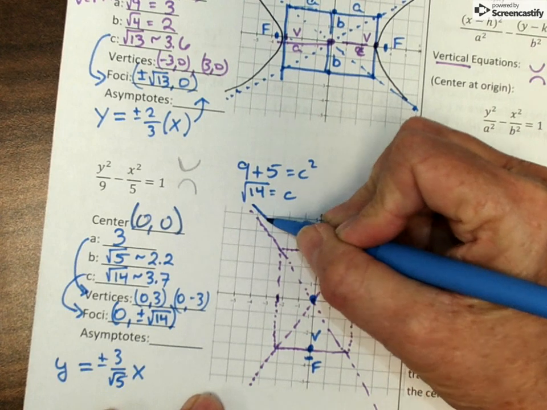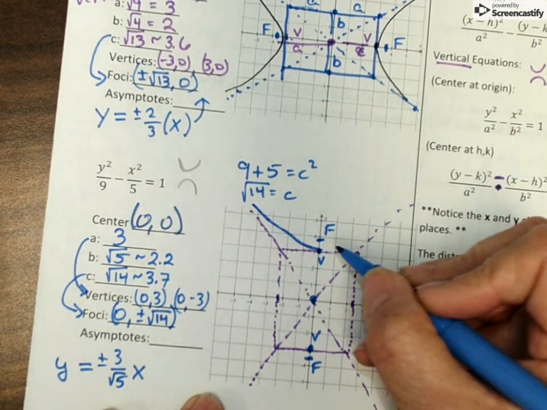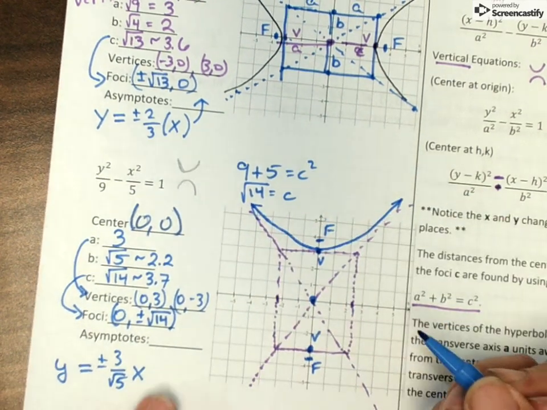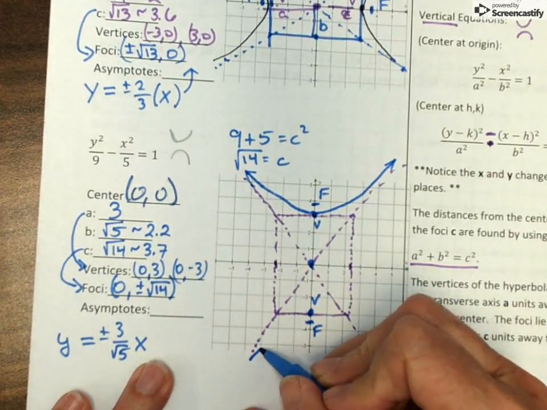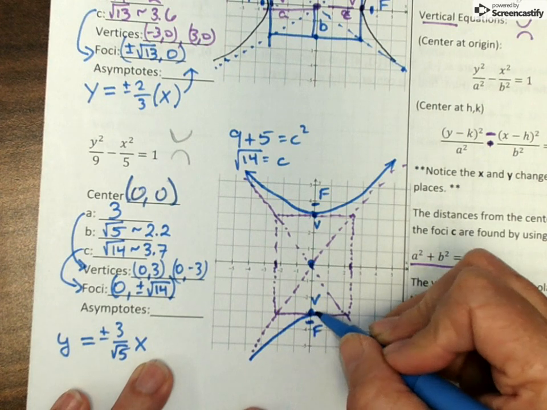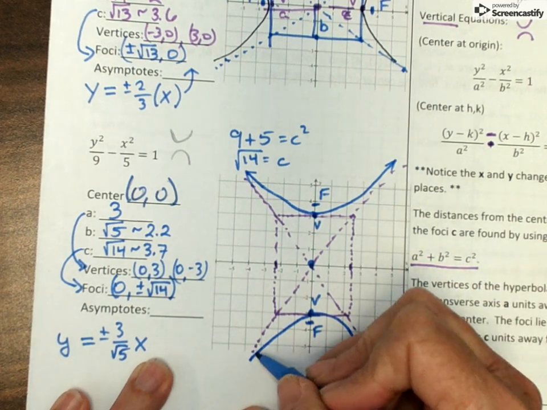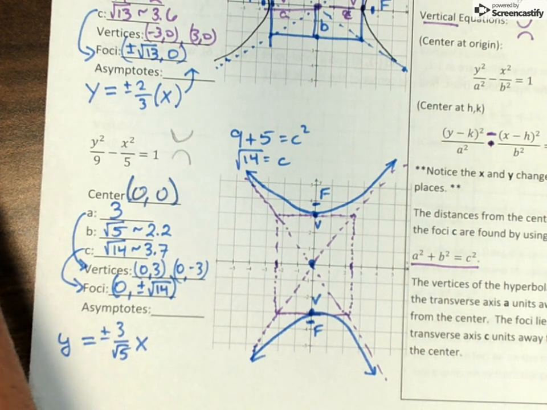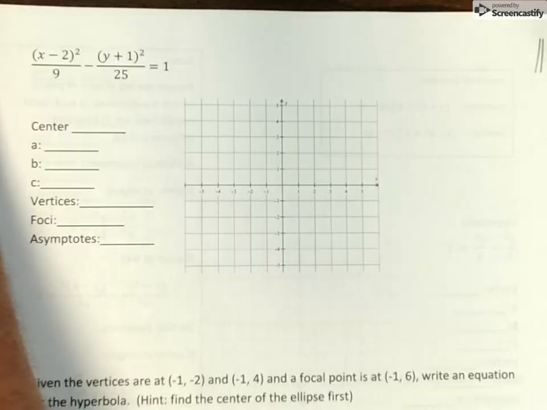Staying close to the asymptote, come in, touch at the vertex, and then go back out close to the asymptote. And do the same thing for the opposite side. Come in, touch the vertex, and go back out next to your asymptotes. And we don't cross the asymptote. Those are there to guide us. Okay, let's turn over and try another one.